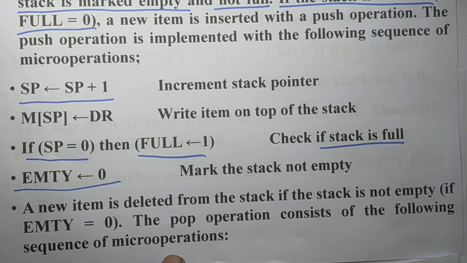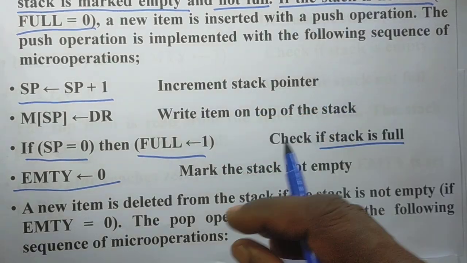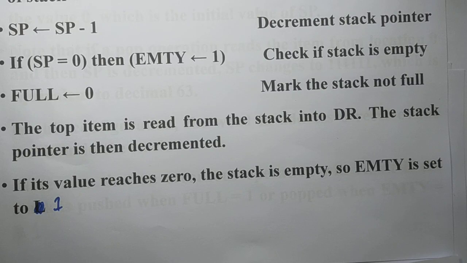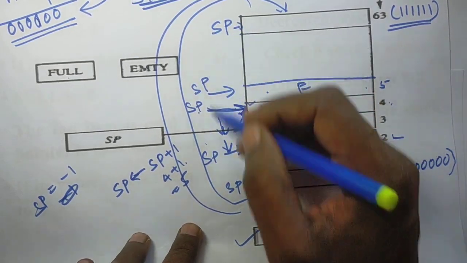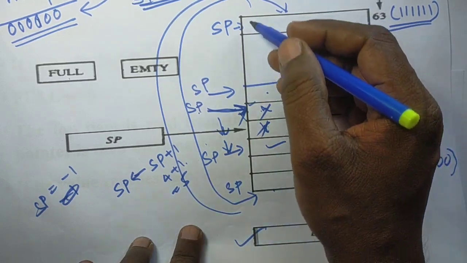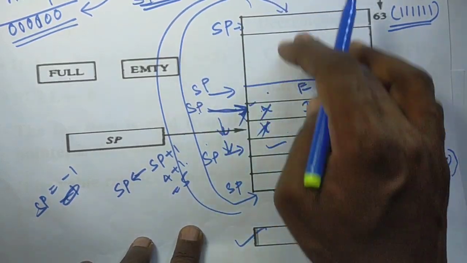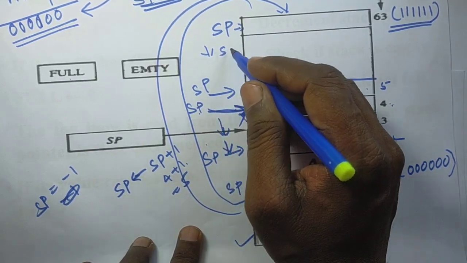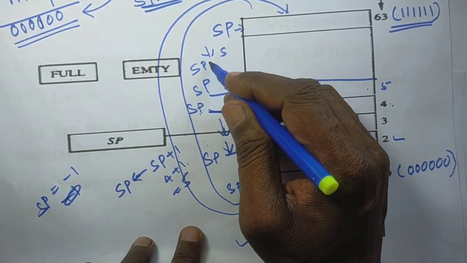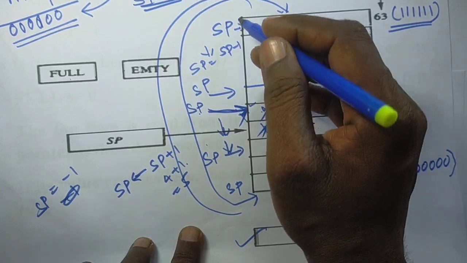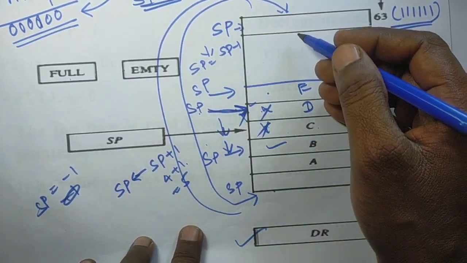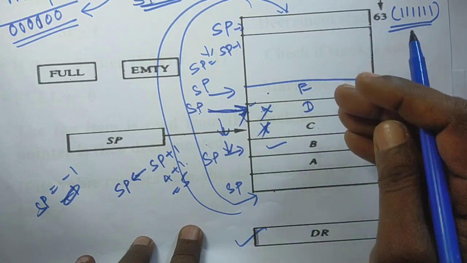If the stack is full or some data is there, we can delete, no problem, because a number of data is there, so we can delete one after one. SP is equal to SP minus 1, decreasing its position, automatically it will decrease if you want to delete one after one or pop out the data.